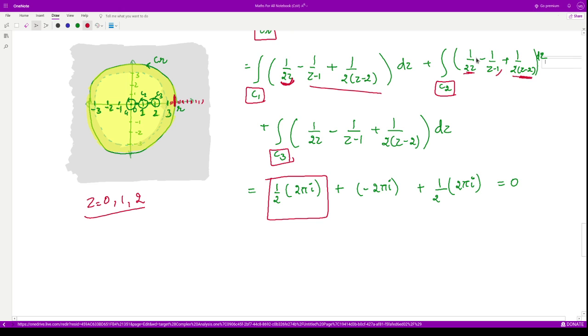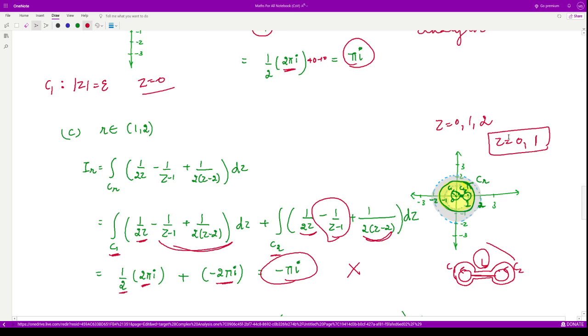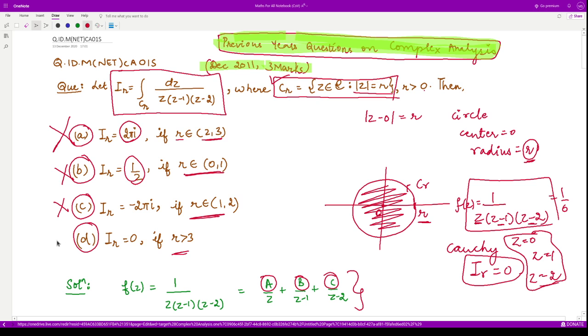For this quantity inside C2, we have minus 2 pi iota. Similarly for C3, the first two are equal to 0. For the last term, it is 1 by 2 into 2 pi iota. When you add up these, we get 0. So option D comes out to be 0. The integration comes out to be 0. So option D is the correct option.